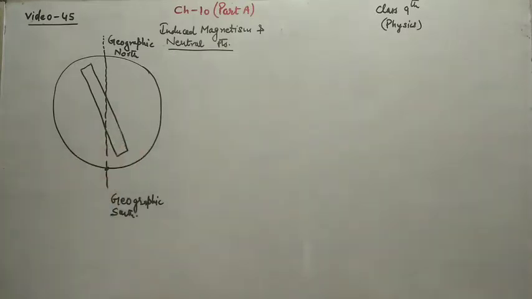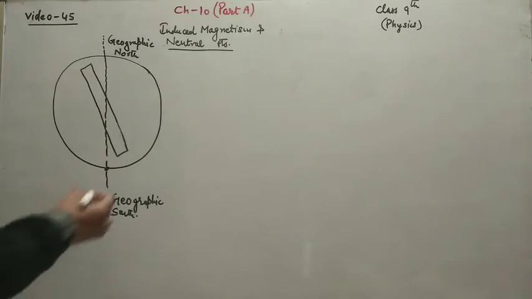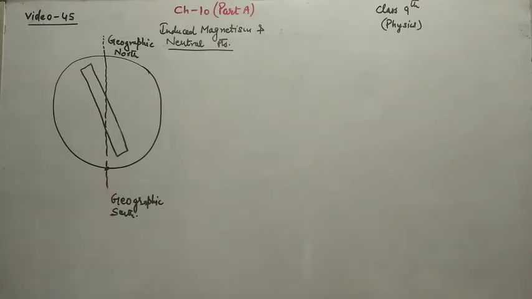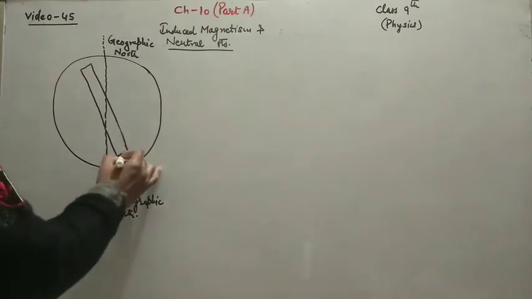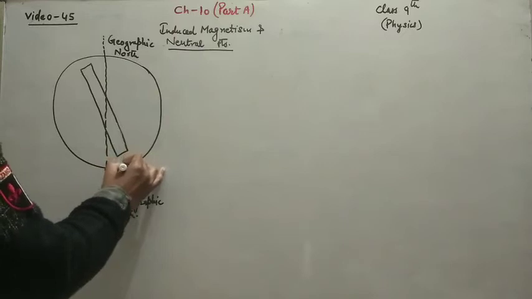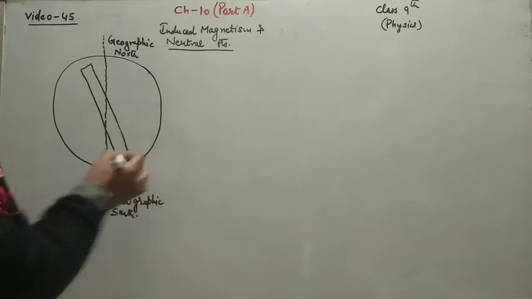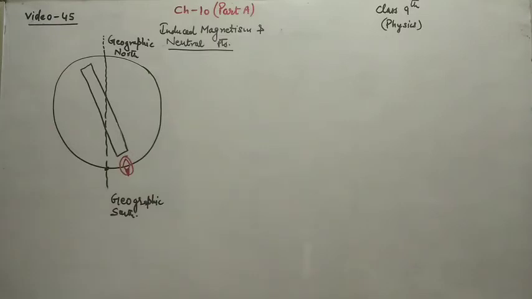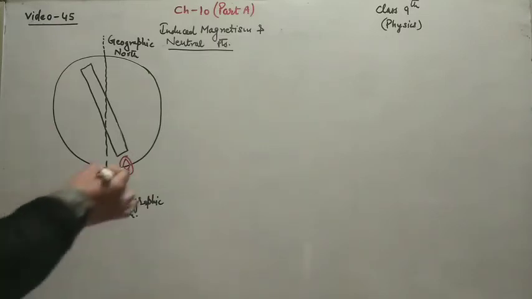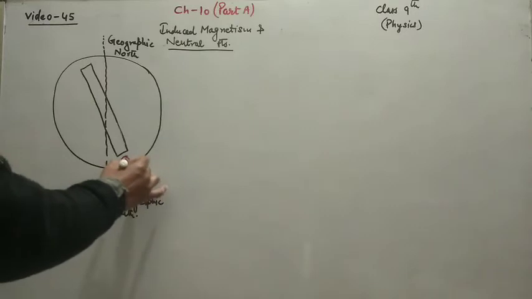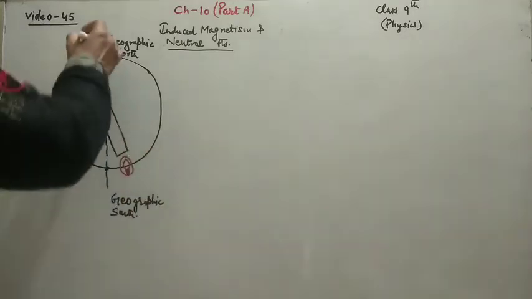So if I keep a magnetic compass over here, in this way, it is pointing towards geographic south, right?